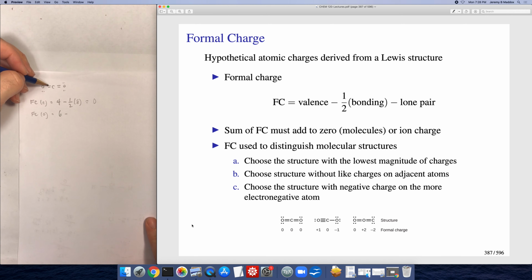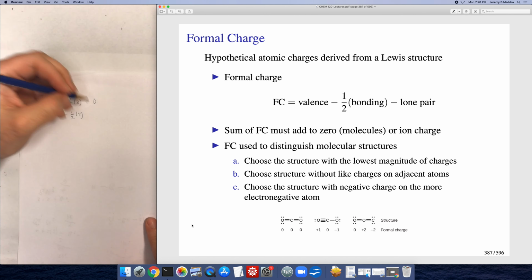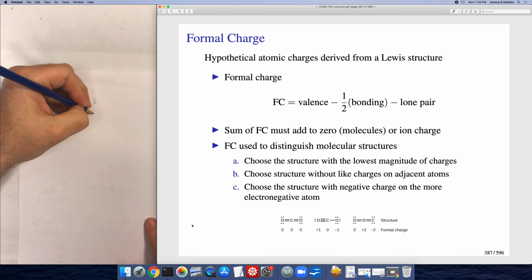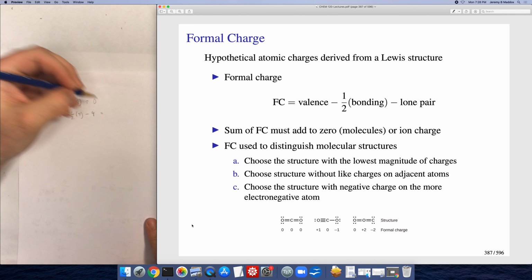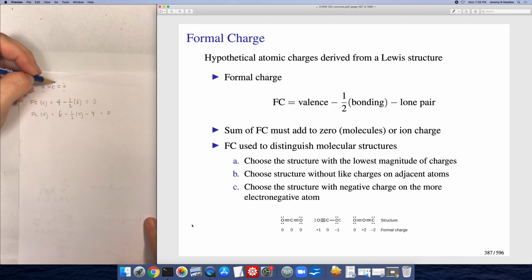Each oxygen atom has 4 bonding electrons. And then each oxygen atom also has 4 lone pair electrons. So we'll subtract all of these lone pair electrons from the formal charge on the oxygen. And we do that, we get 0. So in this structure, as it indicates here, the formal charge on each atom is 0.